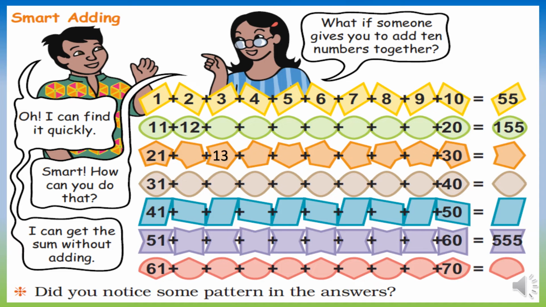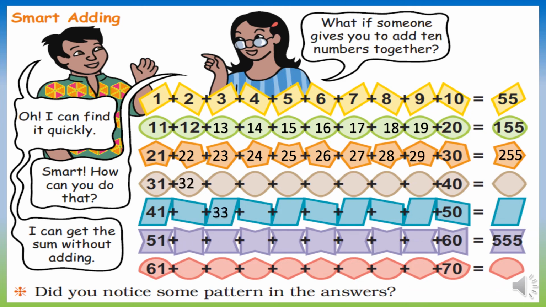Then 11 to 20 is equal to 155. Then again 21 to 30 is equal to 255. Then 31 to 40 is equal to 355.